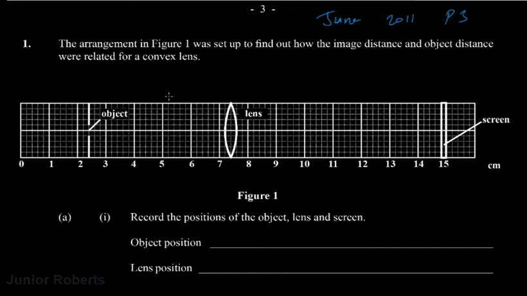I know Daniel is preparing for paper 3. Paper 3 is a lab-based exam, so you're required to do a lab practical in the exam, as well as some other questions related to the laboratory aspect of physics, because a key part of physics is being able to show that you have mastered certain experimental skills.